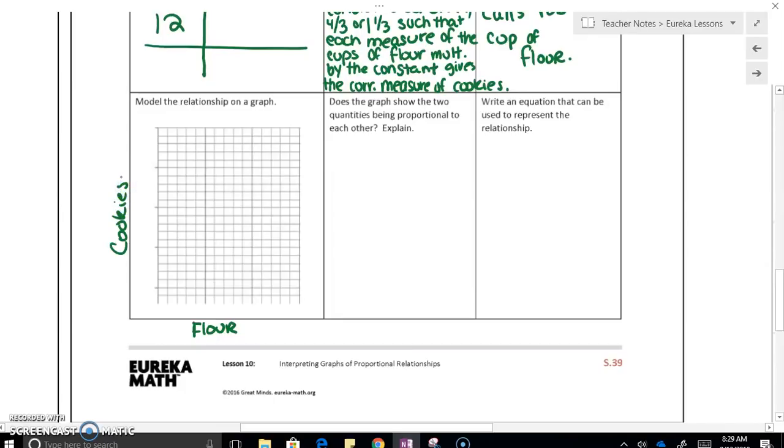Okay. So let's create, I'm going to start here with 0 and skip a line for every number.